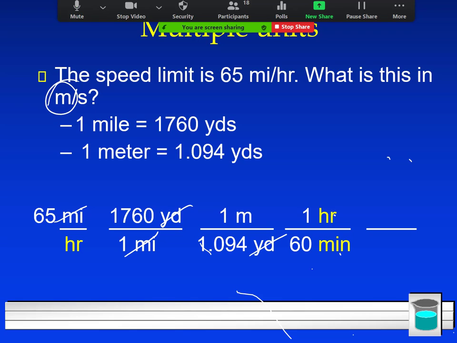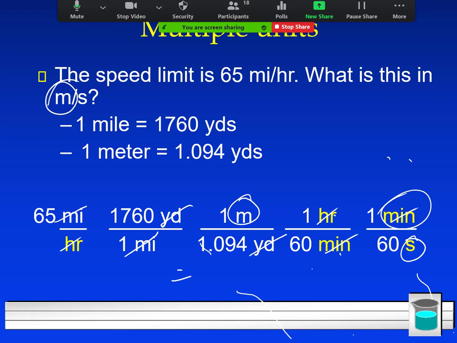And some of you are going to say, oh, I'm going to jump from hours to seconds. About a third of the time people do that, they put 1 hour 60 seconds. So don't try to do it all at once, or make sure you're careful about which one you use. Now I get rid of minutes because it's on the bottom, I put it up top so I get rid of it, and then I can turn it into seconds. So the only units I have left are meters on the top and seconds on the bottom.